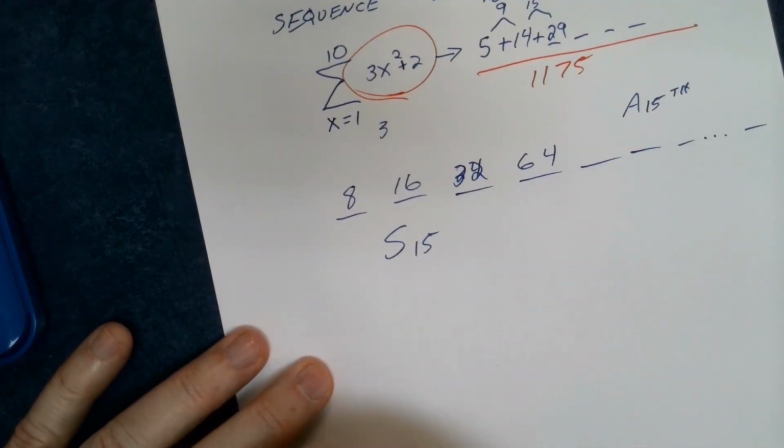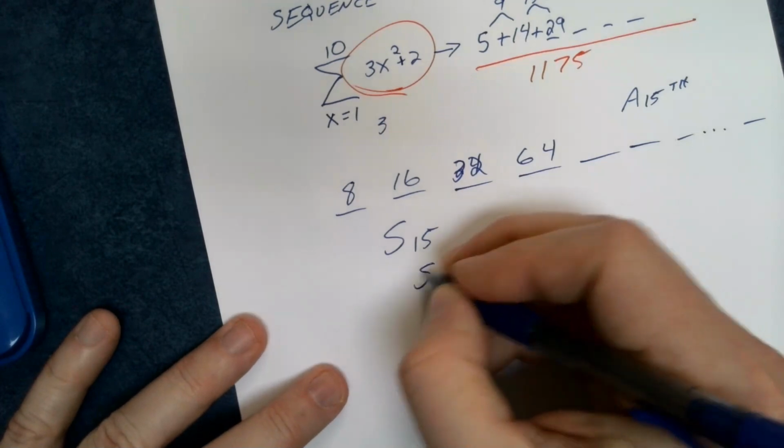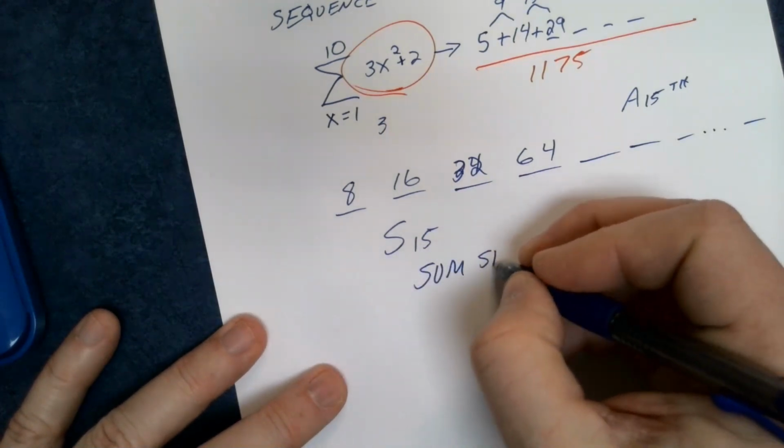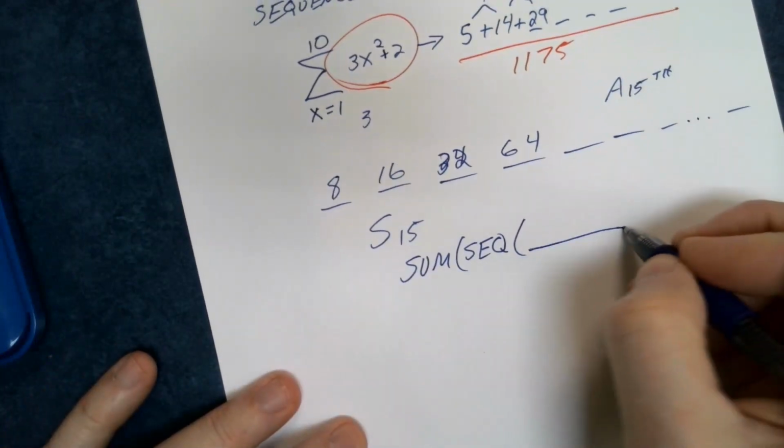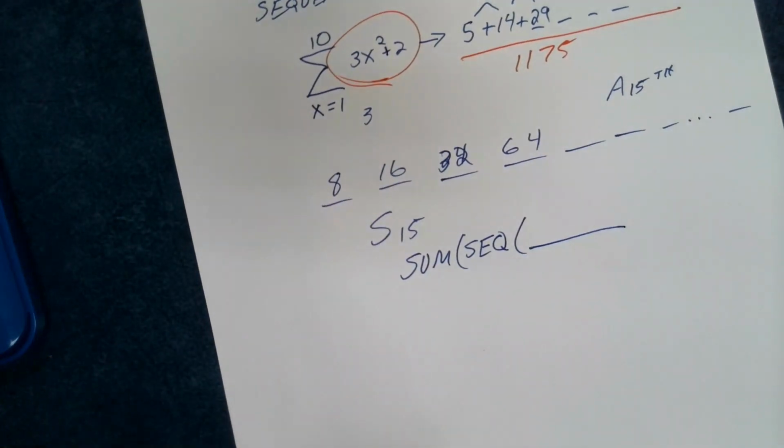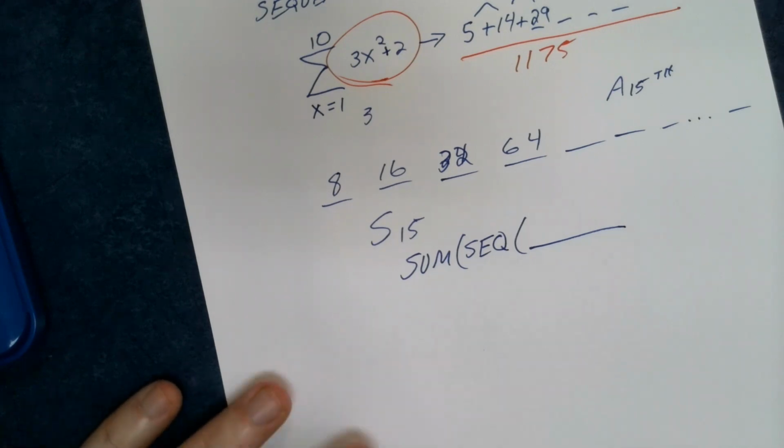So again, as with anything, if I'm going to use this sum sequence situation, I have to first know the expression that generates this. So that's something that we go through again in class. We talk about how it works out.